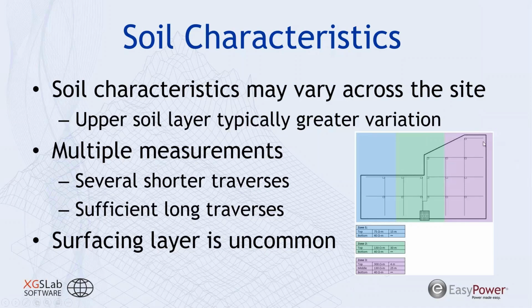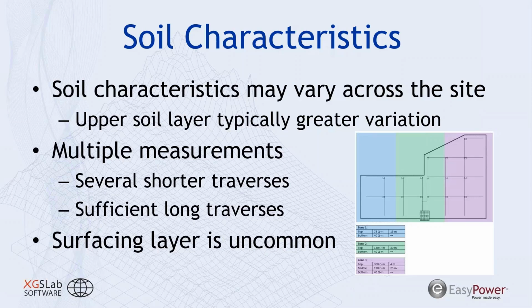If my solar power plant is 1 mile wide, it could be very challenging to have a resistivity measurement that's 3 miles long. Really, what we want to do is take the measurements as long as we can to give the grounding analysis the best information that we can.